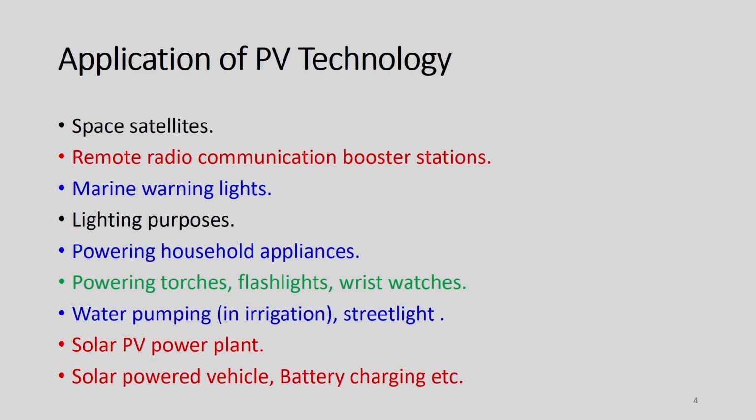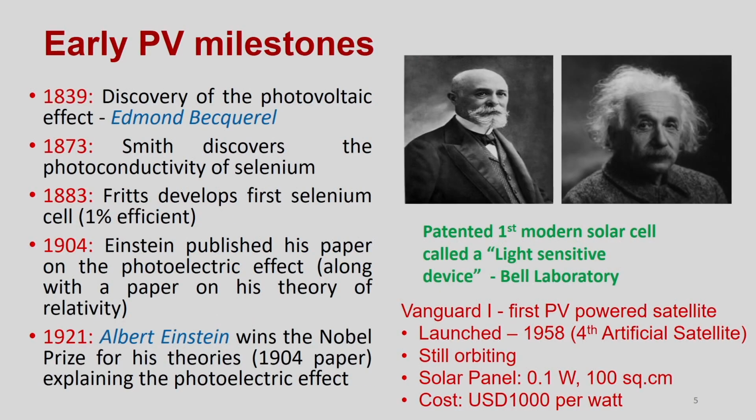Now, let us learn something on early PV milestones. In 1839, Edmond Becquerel discovered the photovoltaic effect while experimenting with an electrolytic cell, where he had used two metal electrodes and an electron conducting media.